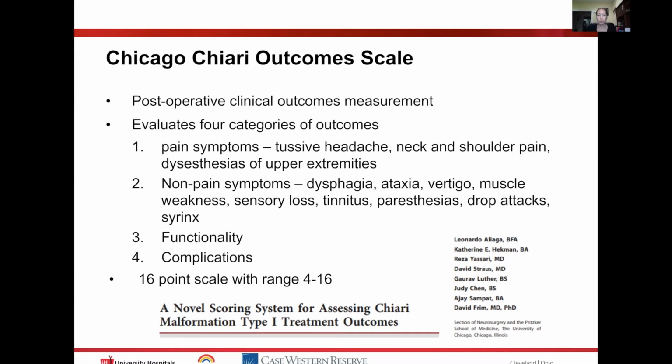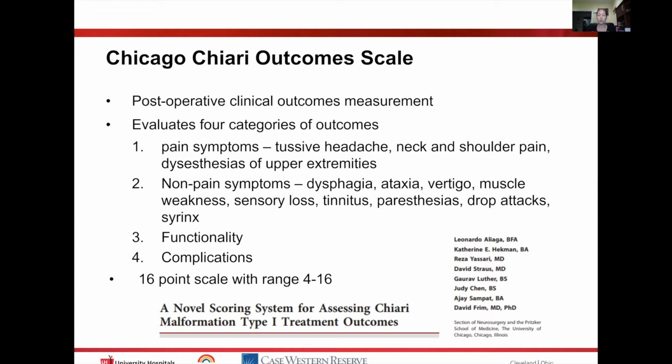They had a category for non-pain symptoms, which were dysphagia, ataxia, vertigo, weakness, sensory loss, paresthesias, tinnitus, drop attacks, or if they actually had a syrinx, so radiographic evaluation. The third category is their overall function. And the fourth category brought into consideration any complications from the surgery.